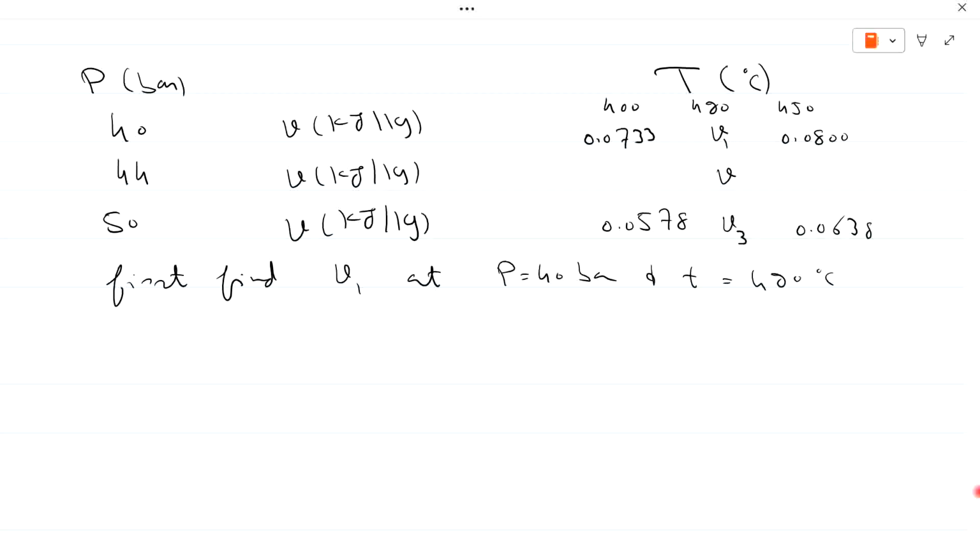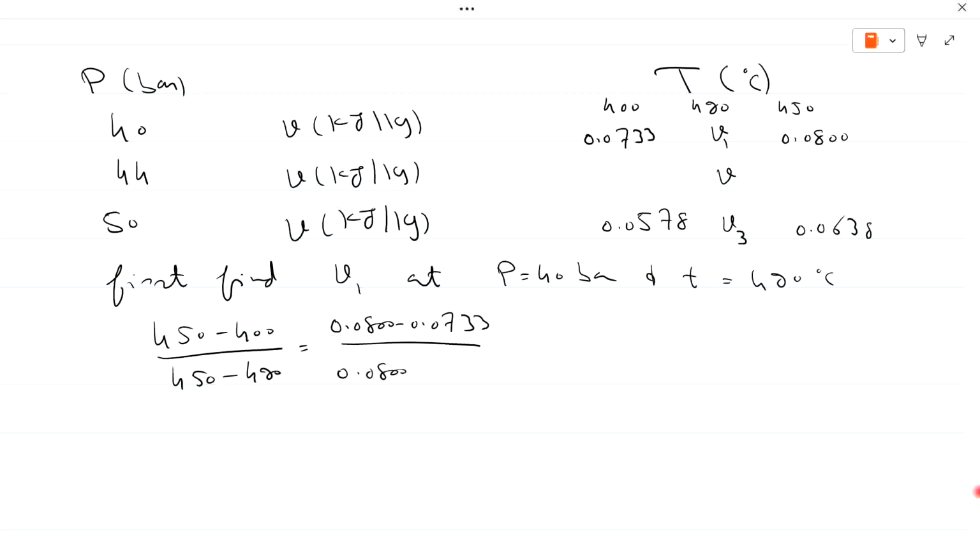Third minus first, 450 minus 400, divided by 450 minus 420, is equal to third volume minus first volume, 0.0800 minus 0.0733, divided by third minus second, 0.0800 minus V1. So V1 is equal to 0.075978 meter cube per kg.